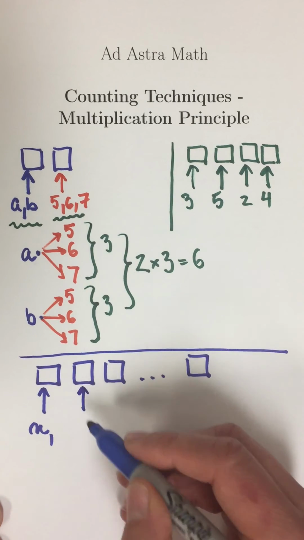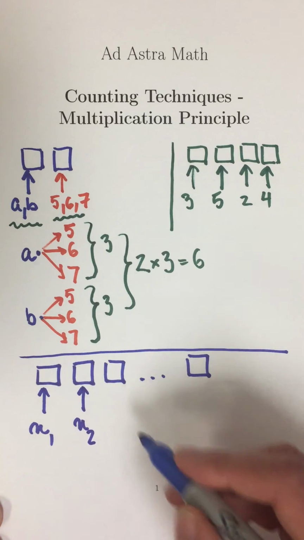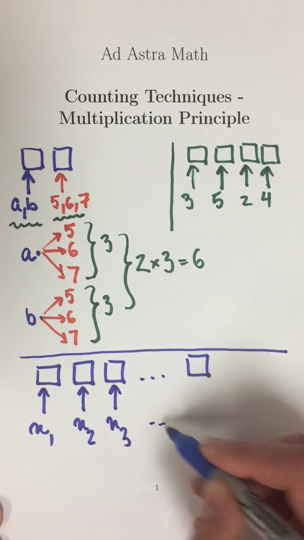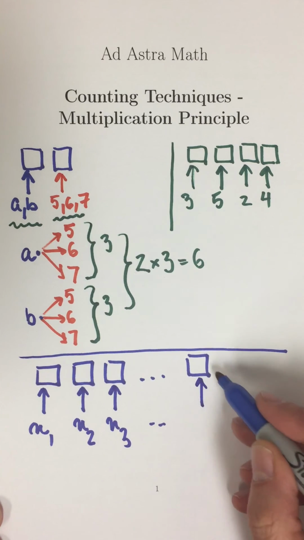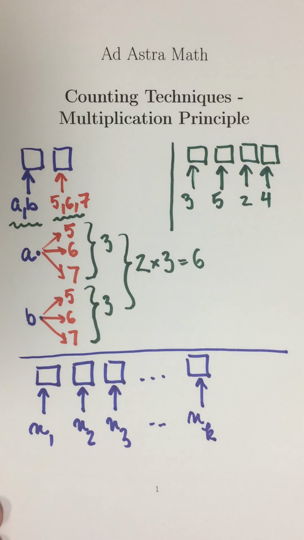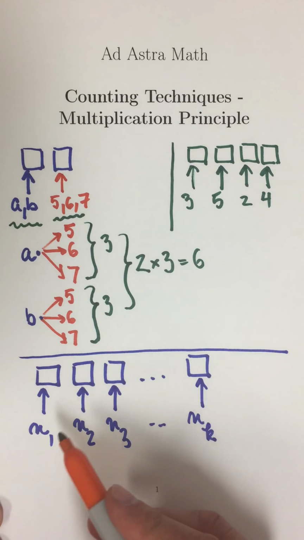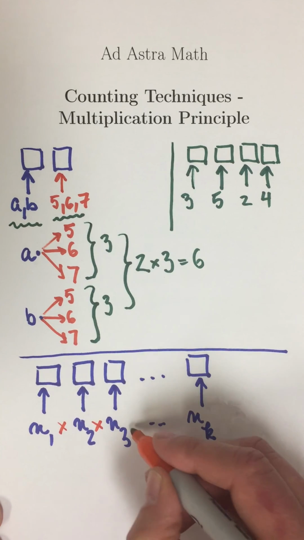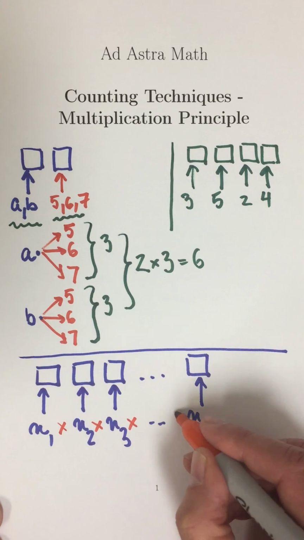For the second choice, you have N2 options. For the third choice, you have N3 options, and so on. For your kth choice, you have Nk options. The total number of options you have is N1 times N2 times N3 and so on times Nk.